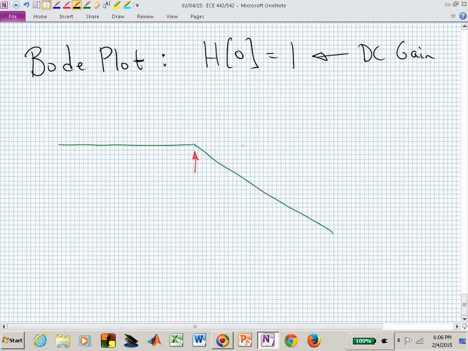And now let me say that this is omega. It's usually log of omega. We said this was 0 dB. This slope is minus 20 dB per decade, or a factor of 10. And that's 600. That's where we're breaking, 600 radians per second.